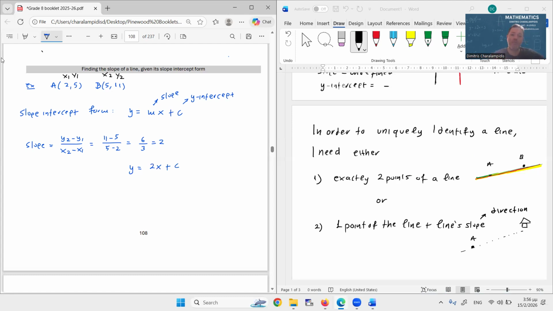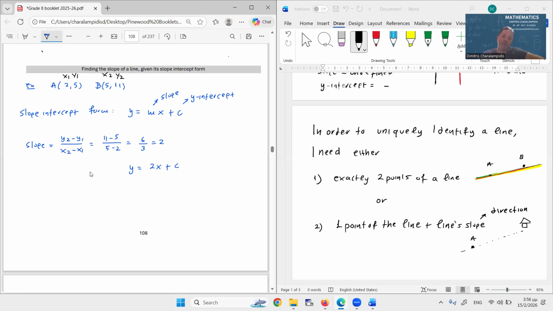We know that for the y-intercept, we should put x equals 0. But this here wouldn't help because we don't just want to determine the y-intercept. We want to find the value of c. What else do I know, however? I know the general concept of a point of a line.